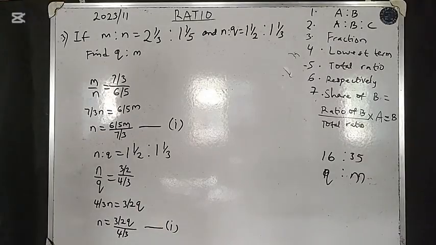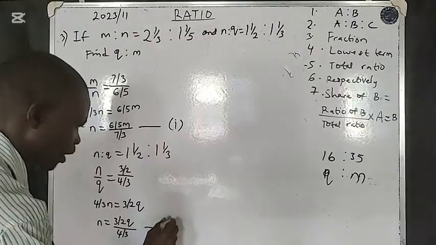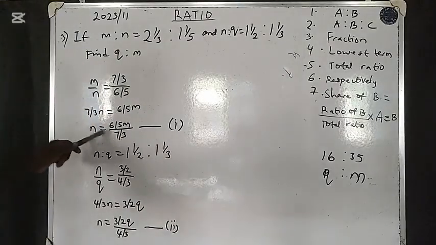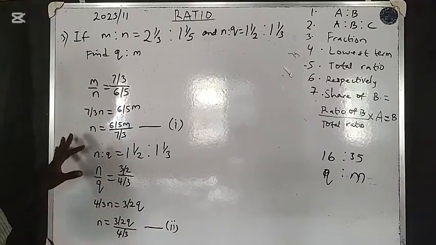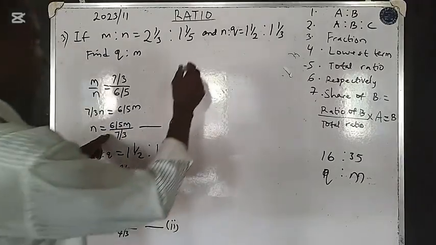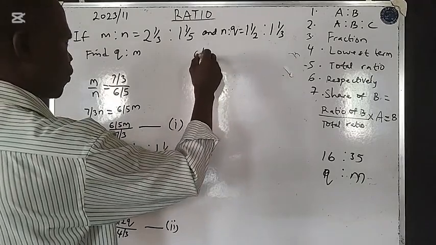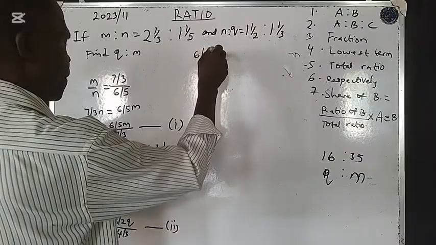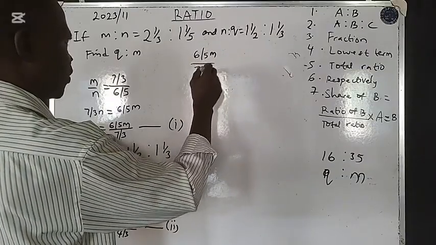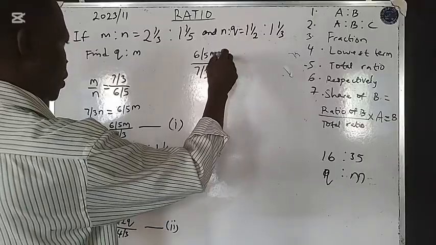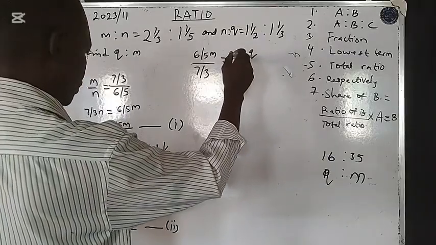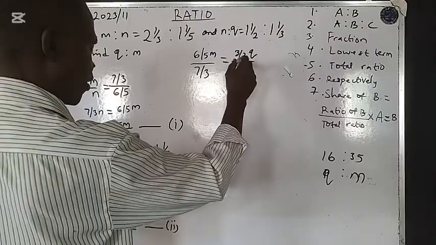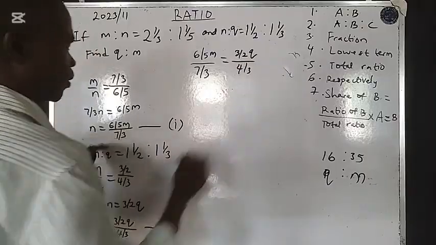So n equals this, n equals this. Can we equate the two values of n as we did the first time? Let's equate the two values of n. So we have 6 over 5m, then 7 over 3 equals 3 over 2q over 4 over 3.